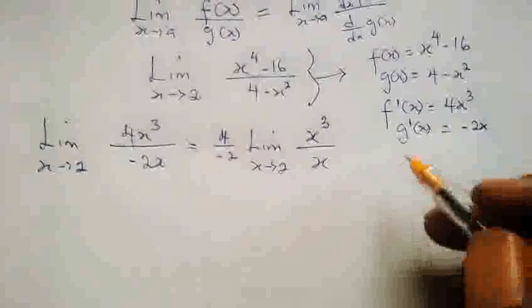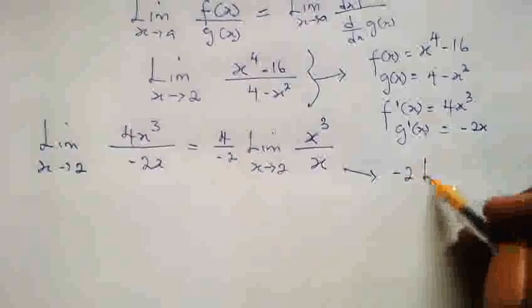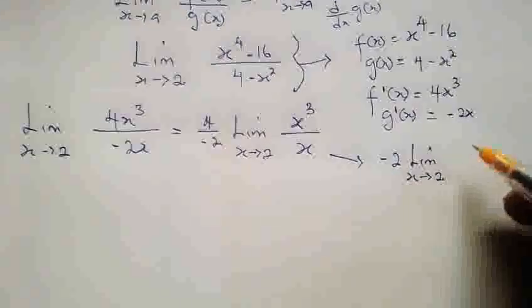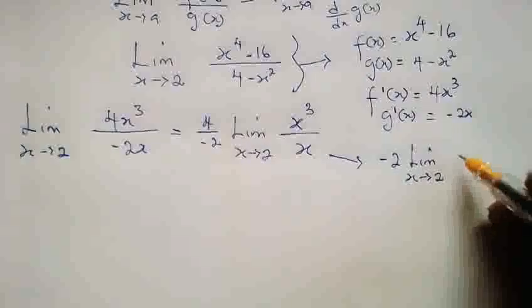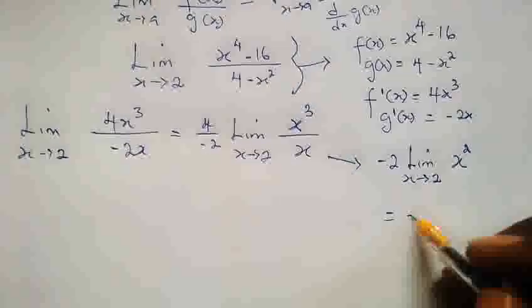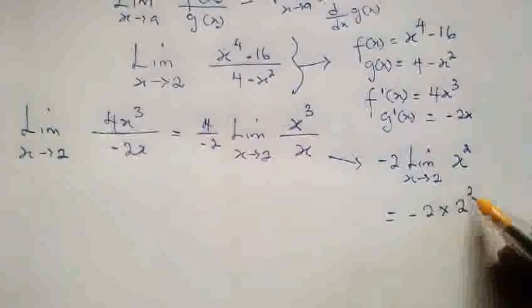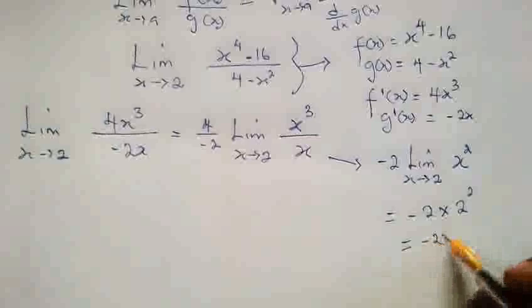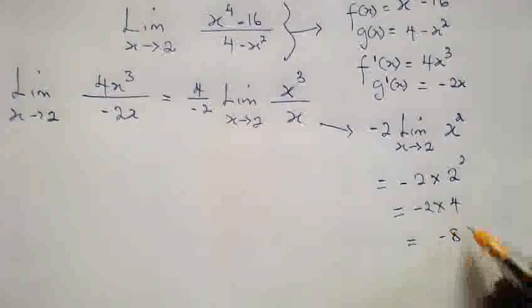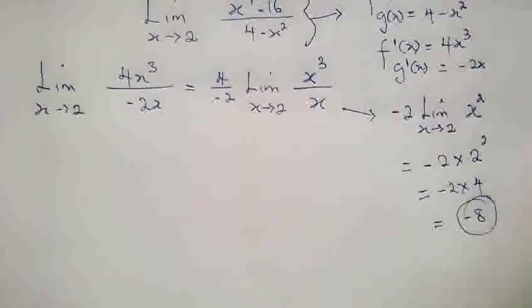We know what this reduces to. So from here we get negative 2 times the limit as x approaches 2 of x raised to power 2. Inserting the limit, we get negative 2 times 2 raised to power 2, which is negative 2 times 4, and this is equal to negative 8. So we obtain the first solution using L'Hopital's rule.